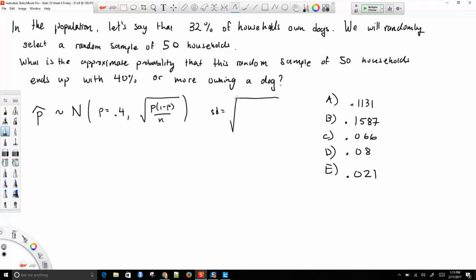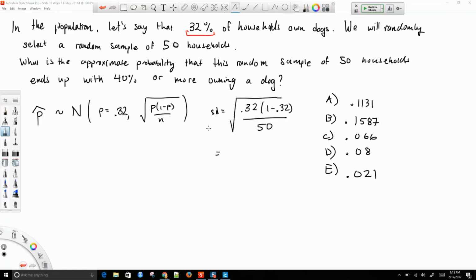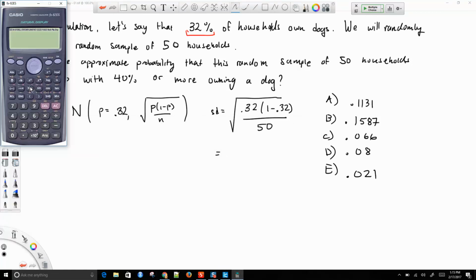I'm sorry, not 0.4. What am I doing? Just kidding. The population proportion is 32%. So we're going to put 0.32 times 1 minus 0.32 divided by 50, under the square root. When I punch this into my calculator, I get around 0.066.